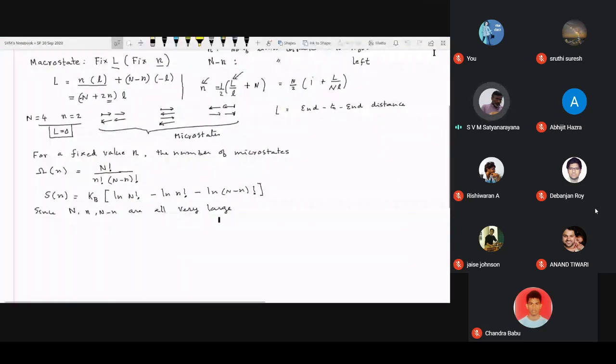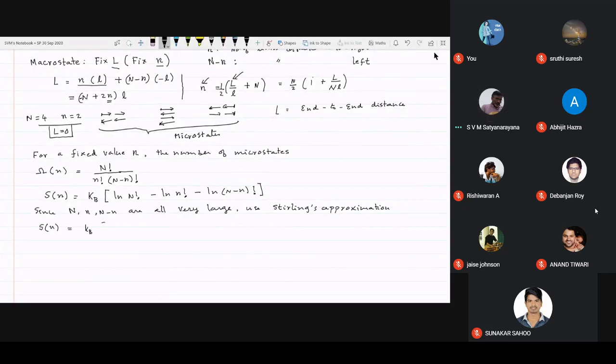Okay, so since this N, small n and N minus n are all very large, we can use Stirling's approximation. And write this S of N as A B into n logarithm of n.